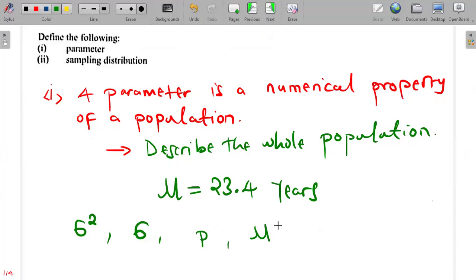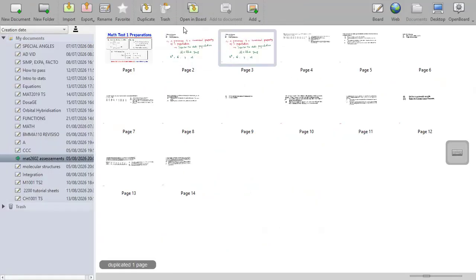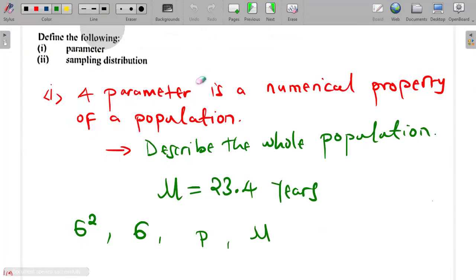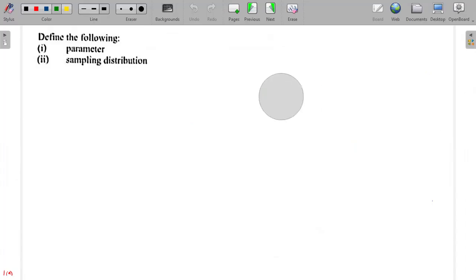The second definition that we've been given here is to define what a sampling distribution is. That word is self-explanatory because they're saying sampling distribution. In defining it, it should be the distribution of something, right? So how do you define a sampling distribution?